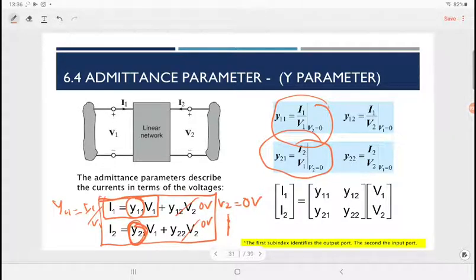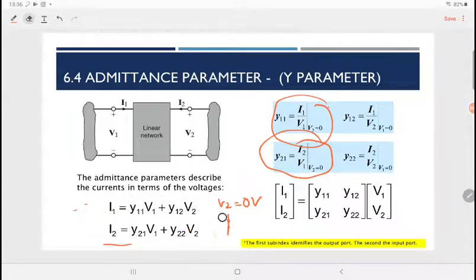Next, we can find the value of Y12 and also Y22. In order to find them, we set V1 equal to 0 volt. That means we short circuit the input part of the linear network.